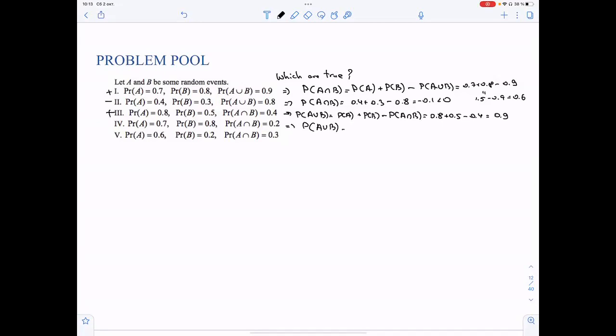The fourth one says 0.7 plus 0.8 minus 0.2. So it's 1.3. Yeah, it is impossible. And the fifth says 0.6 plus 0.2 minus the intersection, it's 0.5. So yeah, the fifth is possible as well. So the first, the third, and the fifth are all 3 possible.